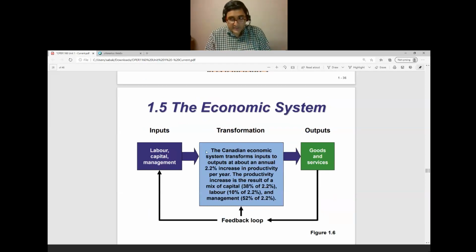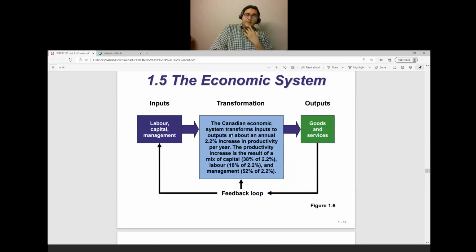So let's take an example which is there in the next slide. So this is what I was trying to say. Inputs, outputs. There is a block diagram, which is the transformation part of it, which is your operations management. The different inputs we are discussing could be the labor, the capital, the management.